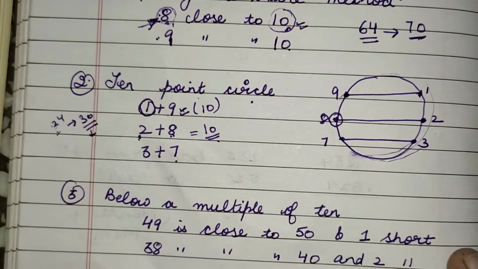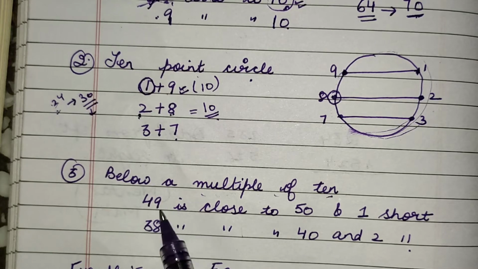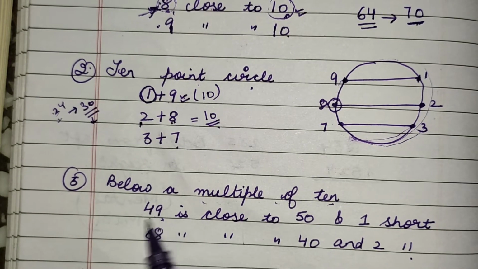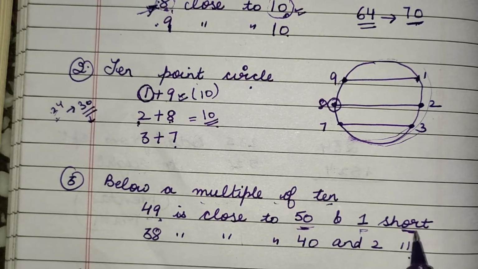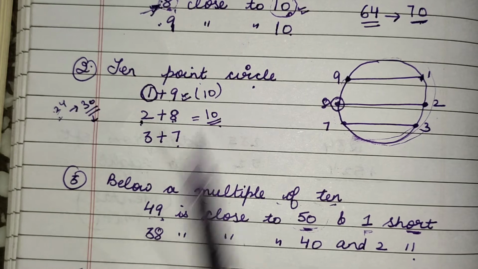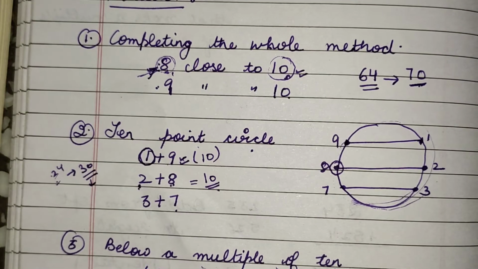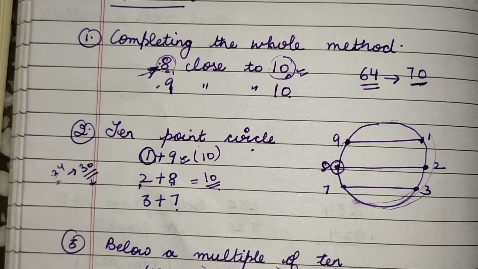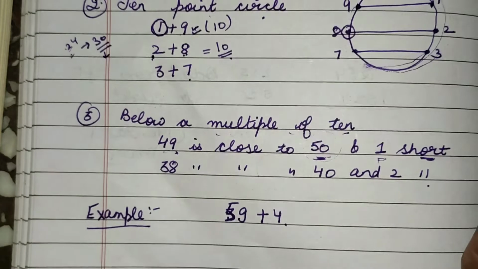Next, the third concept is going below a multiple of 10, meaning how much it is shorter than our multiple. These three concepts we are going to use to solve addition of numbers. Even if the numbers are very large, you can solve them very easily.